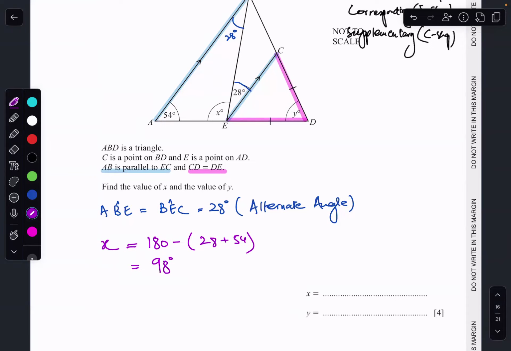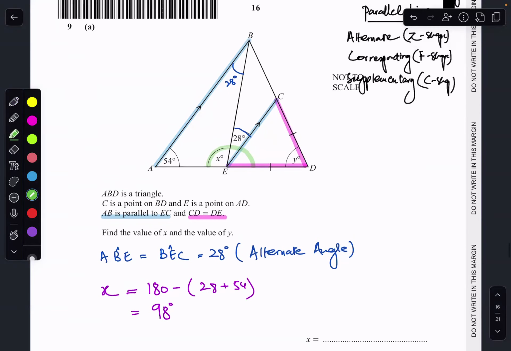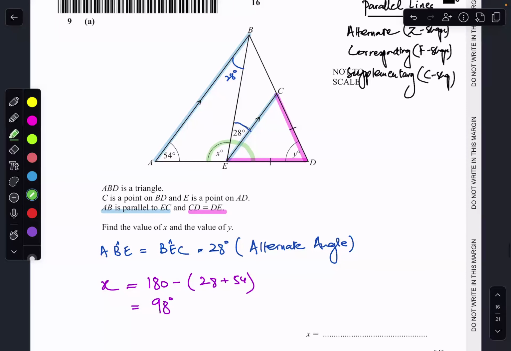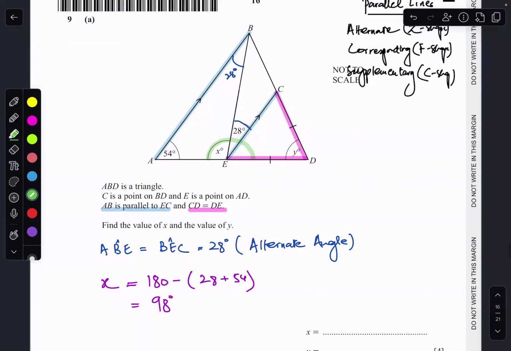Now what should be Y? Because we have this angle over here, angle on a straight line. Okay. This is angle on a straight line. Yes, angle on a straight line. There is another way that this is fine.